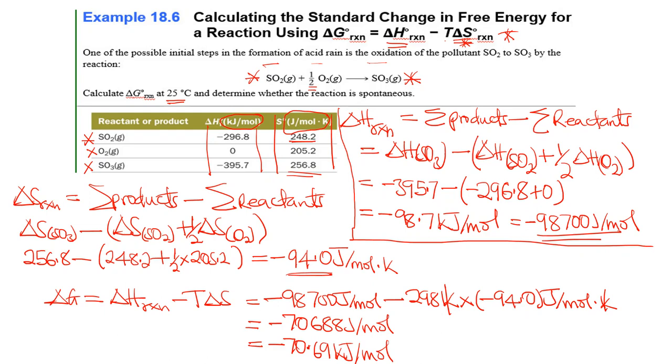So that's how we determine the change in free energy of this reaction. First, determine delta S reaction, and then determine delta H reaction, and then plug them in this equation to get delta G. So I think what I'm going to do is go back.